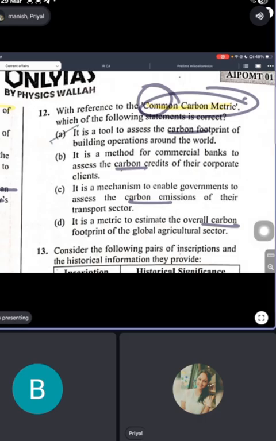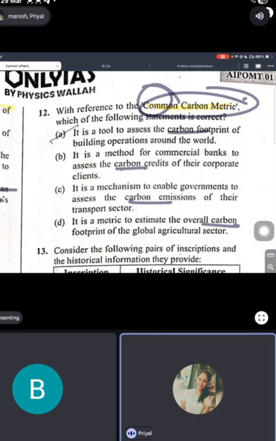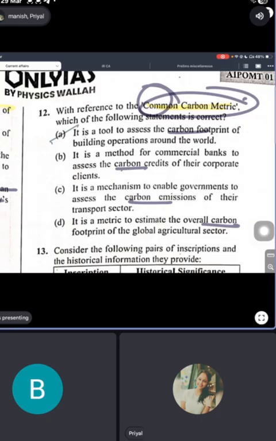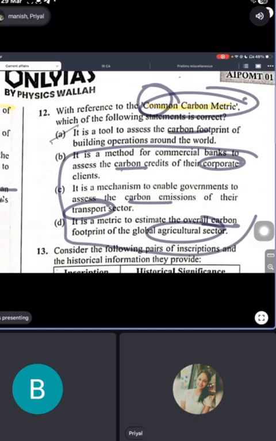Common means very general, generally present, and it means no specific, all the populations. Now see, this one is talking about the corporate sector, this about the transport sector, and this about the agriculture sector. They are specific, guys. But here, first, it is a tool to assess the carbon footprint of building operations around the world.